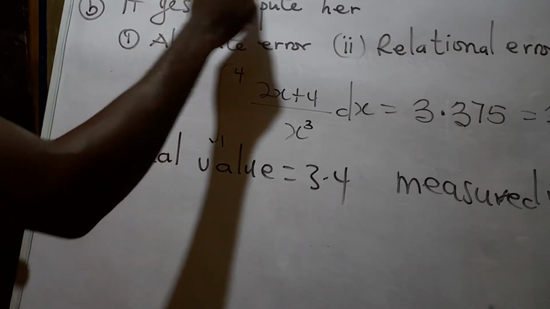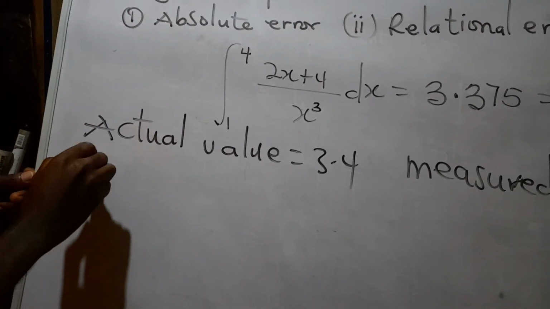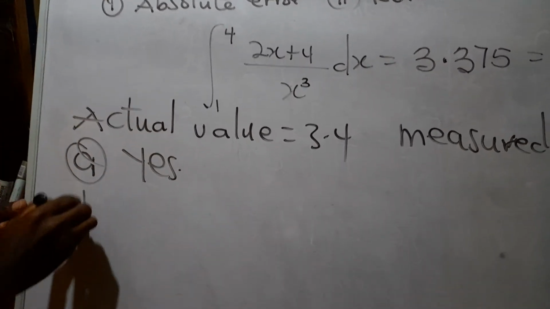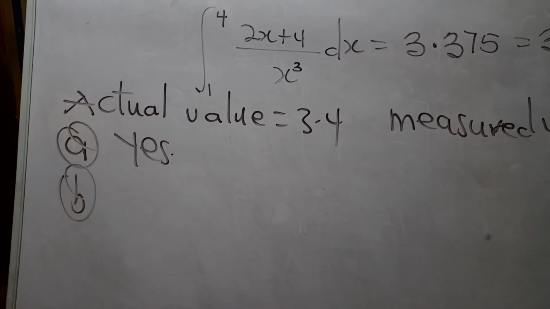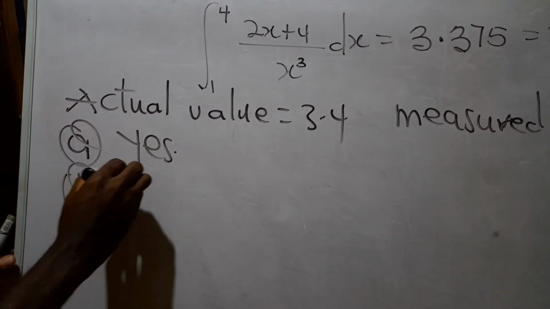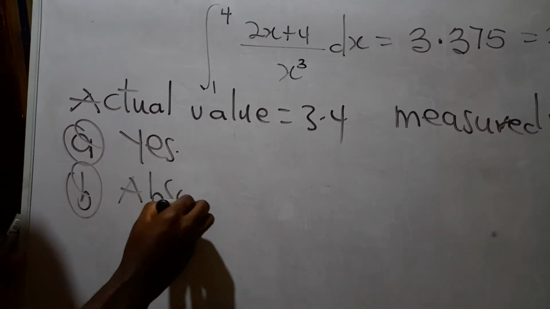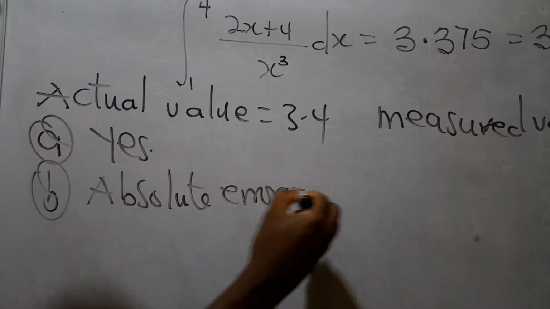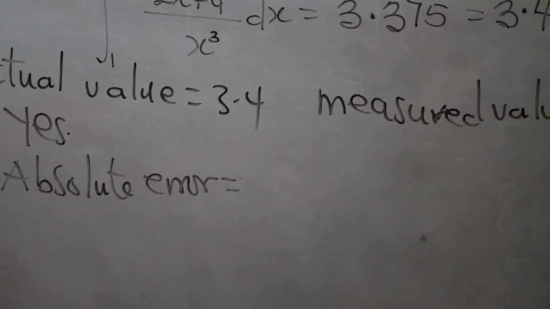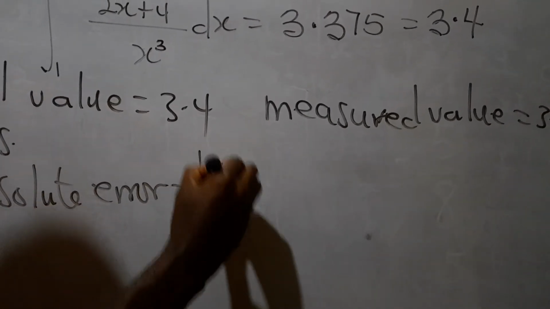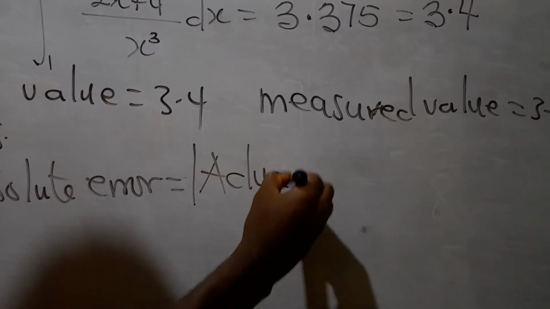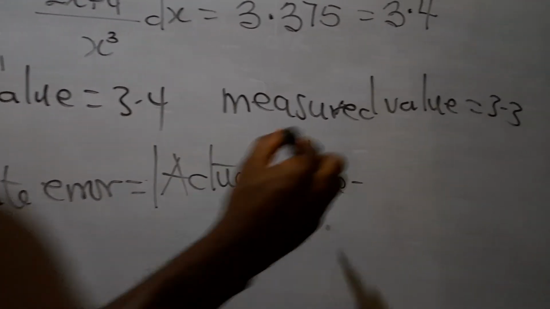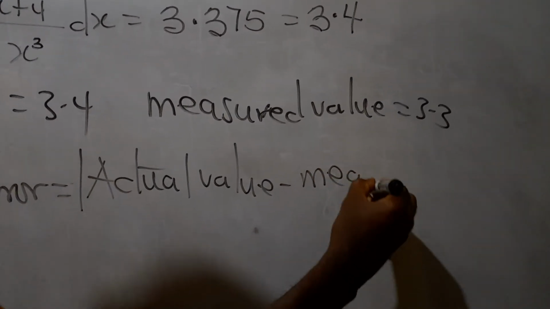So I ask, did she make an error? The answer is yes, she made an error. So if yes, we compute her absolute error. Remember, the absolute error will be equal to the absolute value of the actual value minus the measured value.